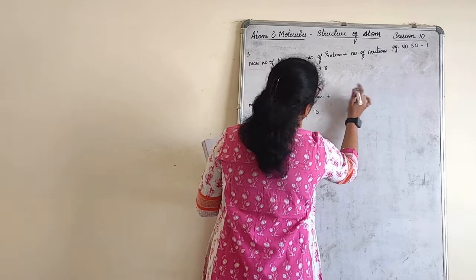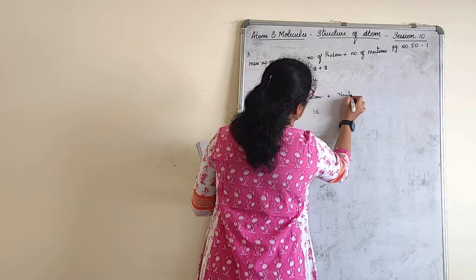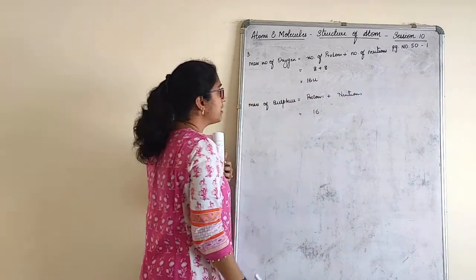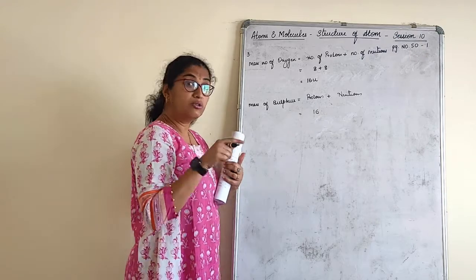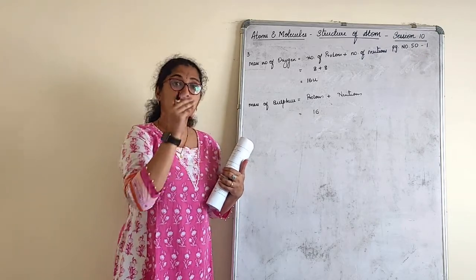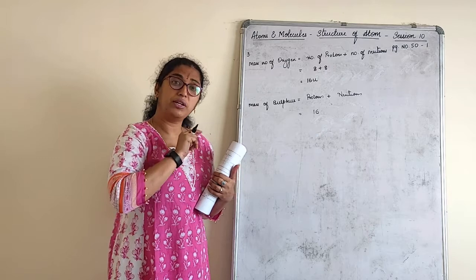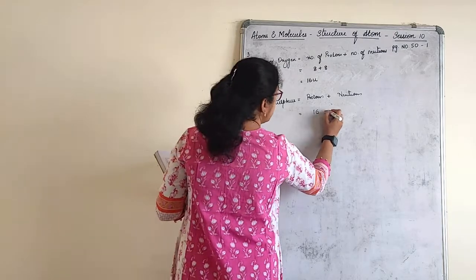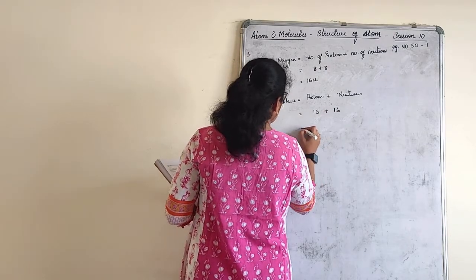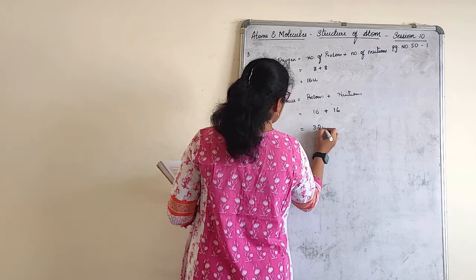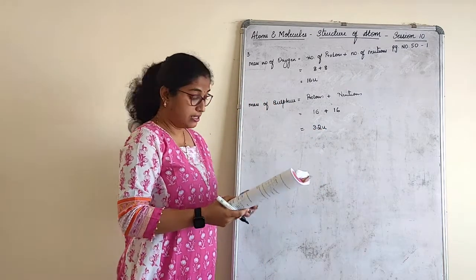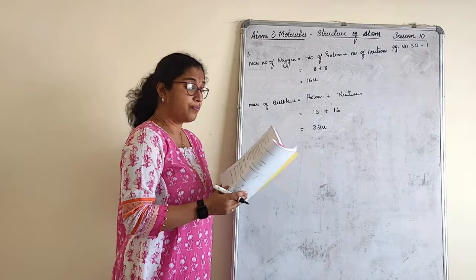Sulfur's atomic number is 16. Neutrons will not be known always. Neutrons you can refer, but atomic number should be known up to 20. You know that. 16 plus 16. So mass of sulfur is 32. Right? That's the atomic mass of sulfur.